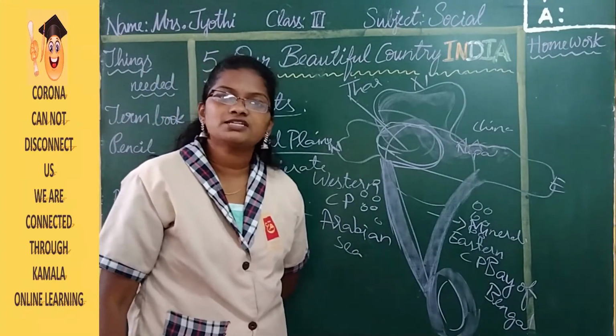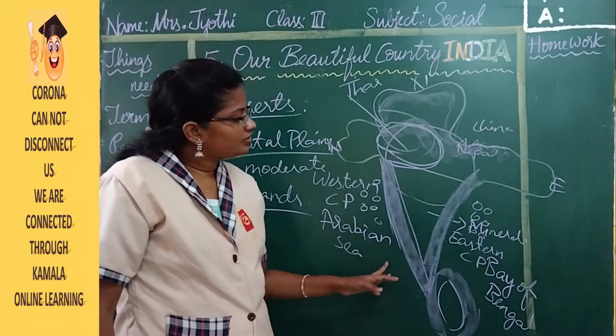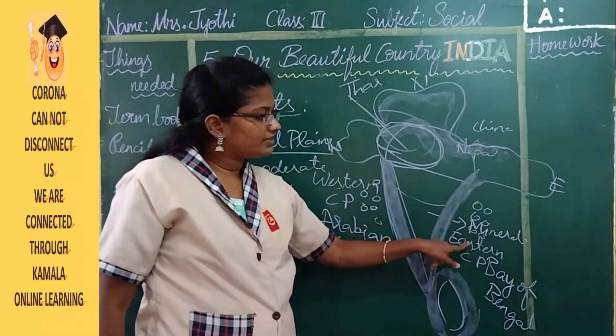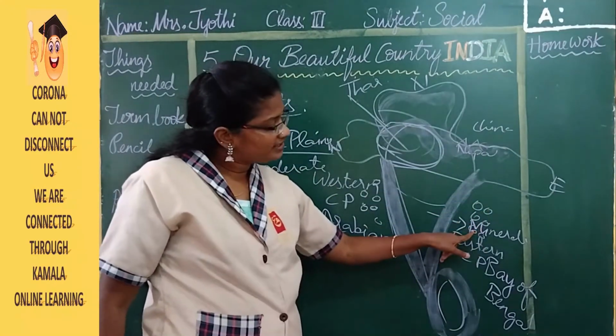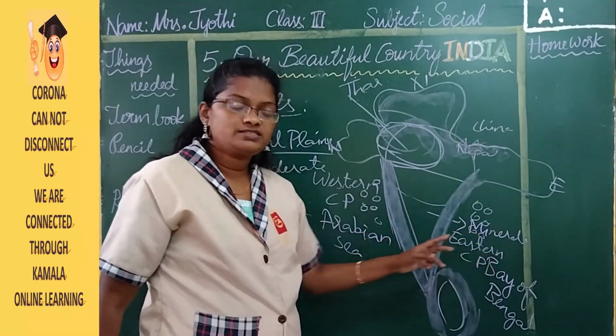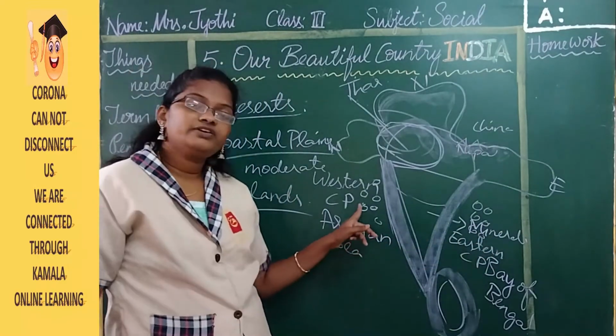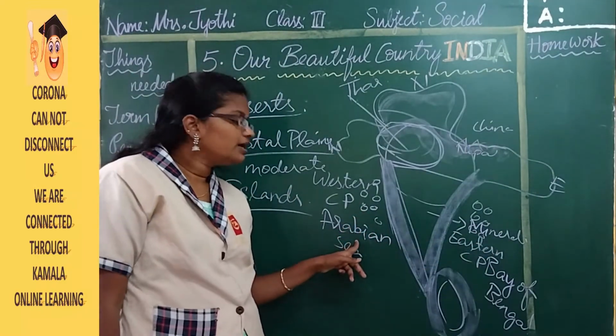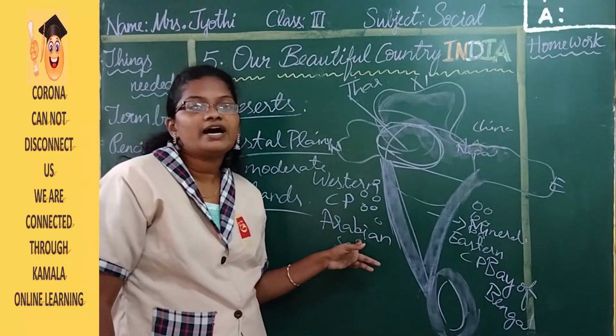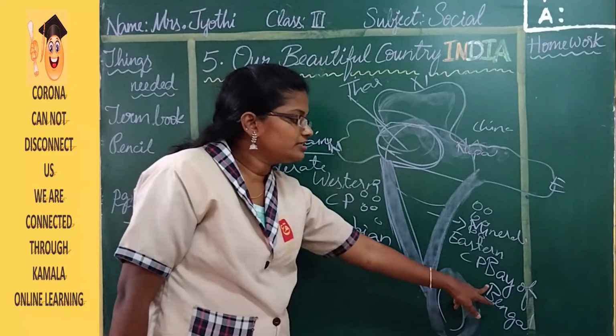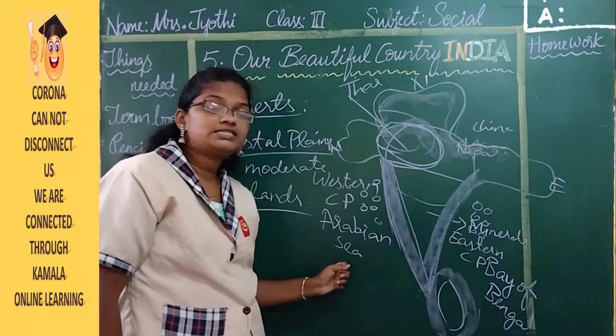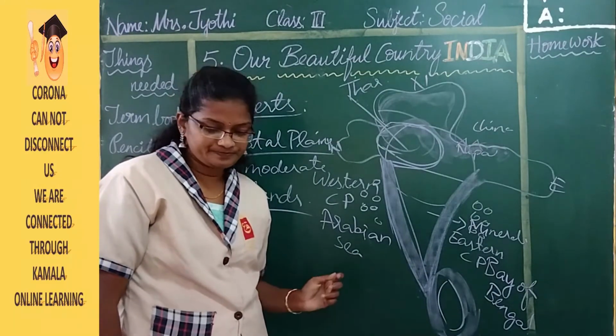Towards the eastern side we have the Andaman and Nicobar Islands, and the sea over here is the Bay of Bengal, and here you can see the Arabian Sea.